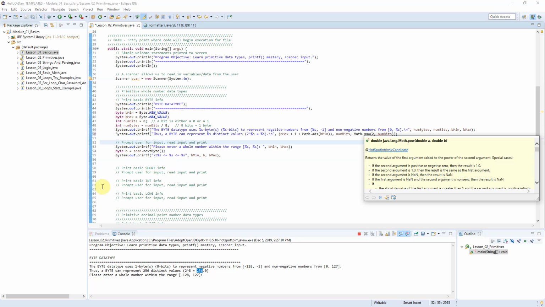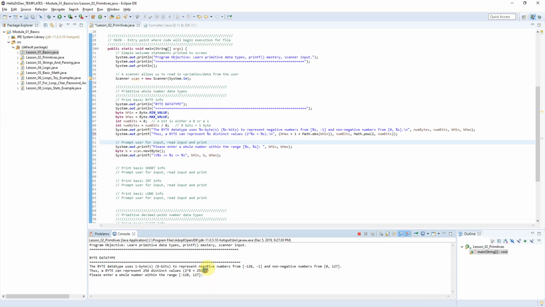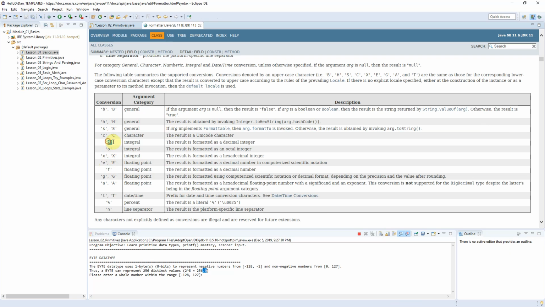We're going to get to that a little bit later. We're going to talk about decimal numbers in this very lesson. However, this is returning a decimal number, so it turns out I can also use the f to format that. Now if you recall, the d was for decimal integers, basically whole numbers.